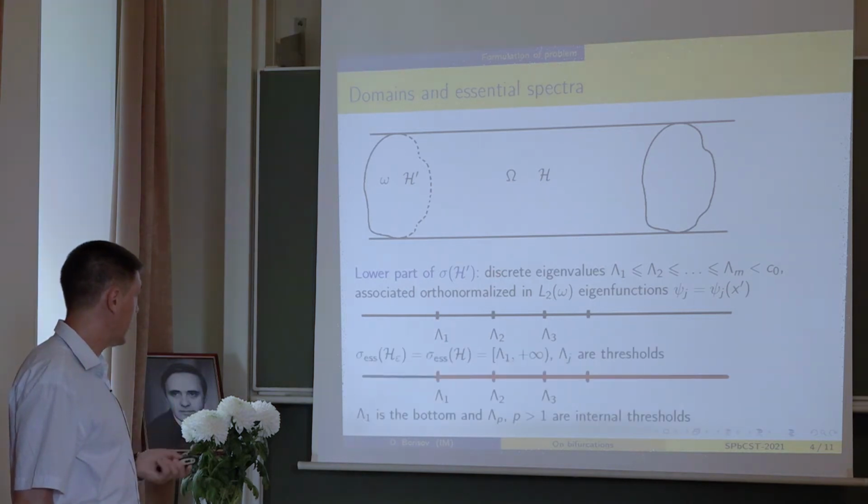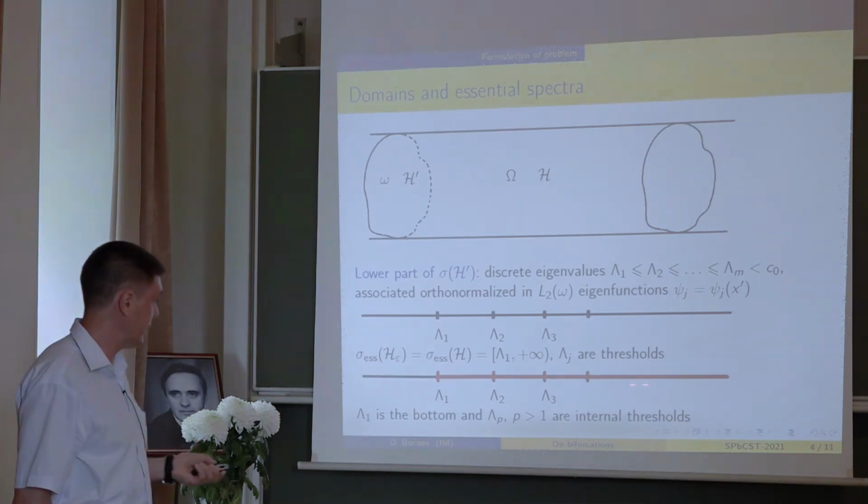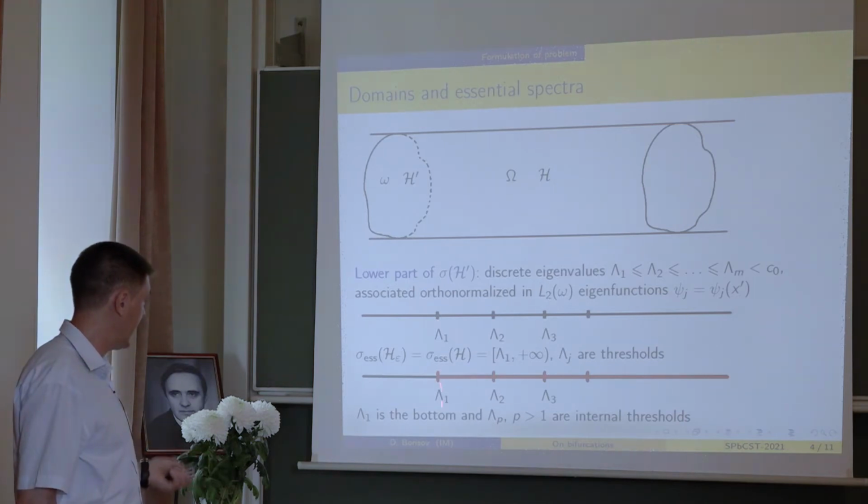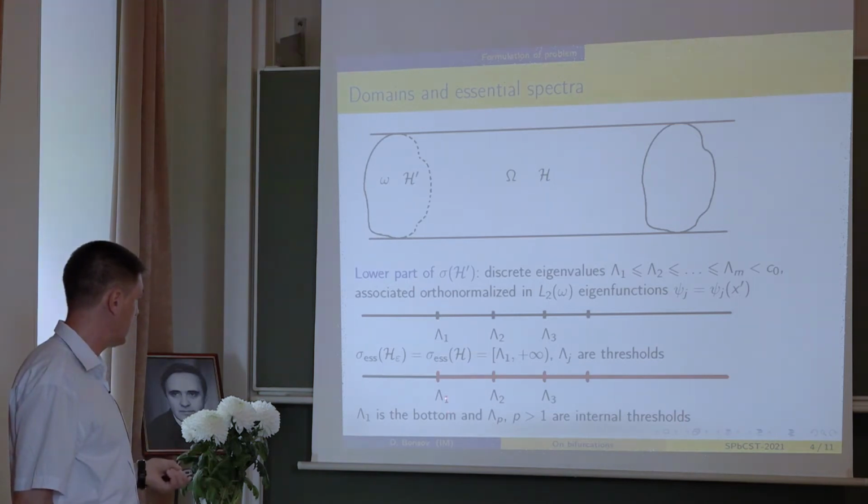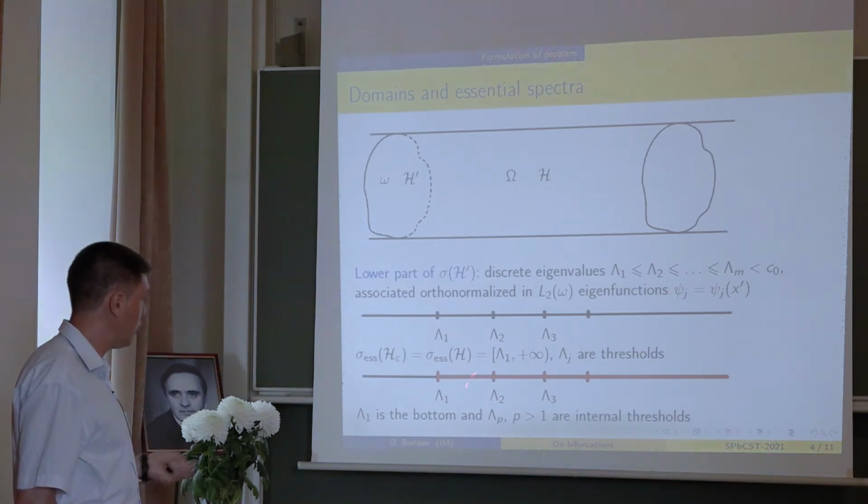And when I come to H, then I have here essential spectrum. I have here again the bottom of this essential spectrum at lambda 1, and also I have some thresholds inside this essential spectrum, which are lambda 2, lambda 3, and there can be multiple eigenvalues. Say lambda 3 can be equal to lambda 4.